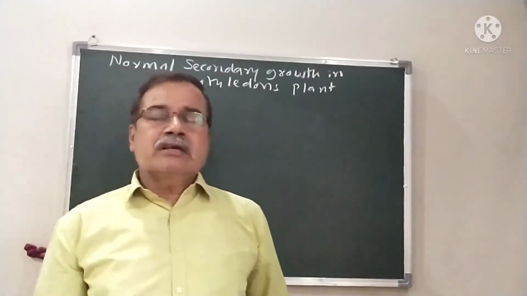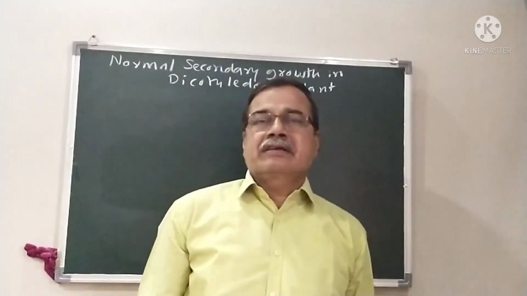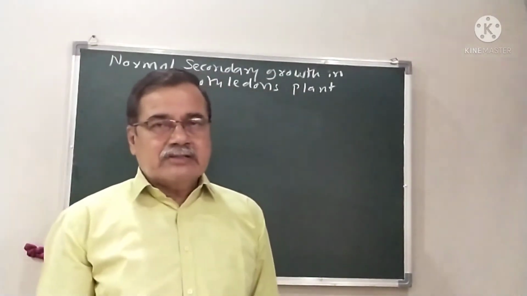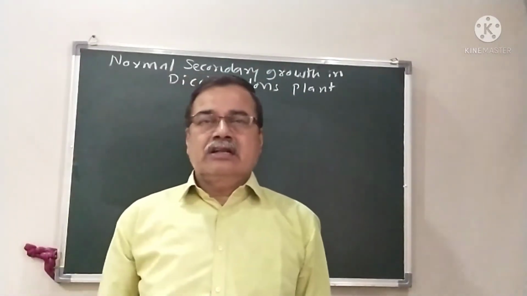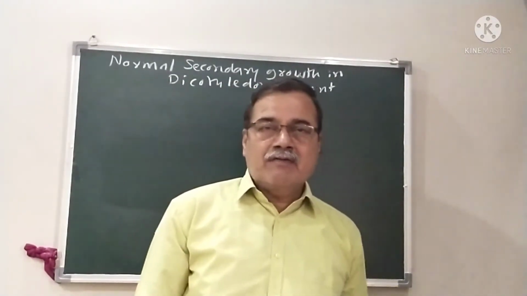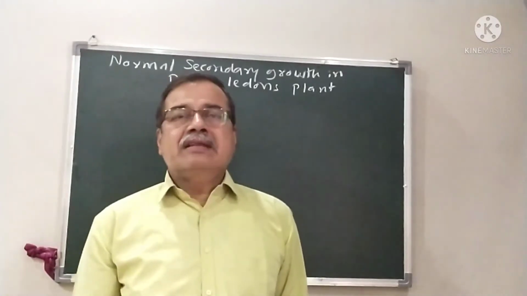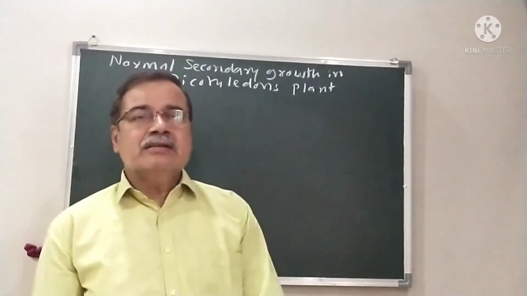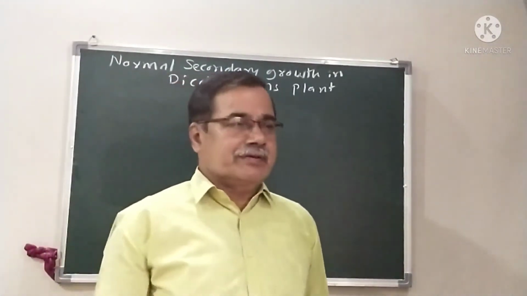In the first and second seasons it is a primary structure. As the plant grows more than 1 year, it shows the secondary structure. Secondary structure is developed from the primary meristem, due to which the secondary vascular cambiums are produced.